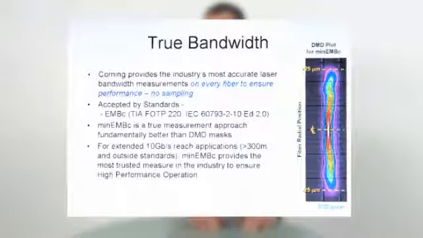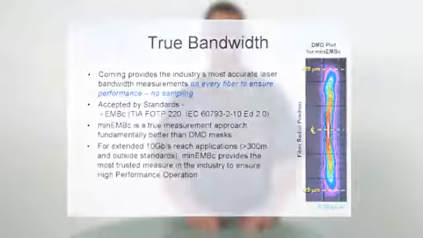In short, with DMD masks, you buy a go, no-go checked fiber that can, usually will, meet the stated bandwidth. With minimum effective modal bandwidth, you will buy a fiber that will meet or exceed the stated bandwidth with any standards compliant VCSEL.